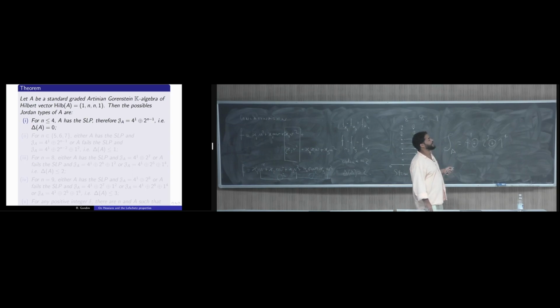For n less than or equal to 4, delta is 0. So it has the SLP, and the Jordan type is the dual of the partition given by the Ferrers diagram of the Hilbert function.